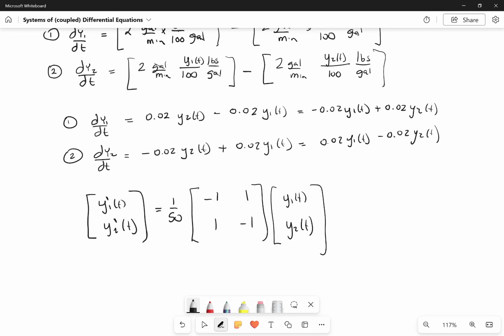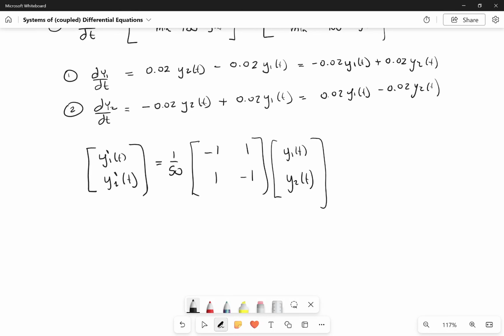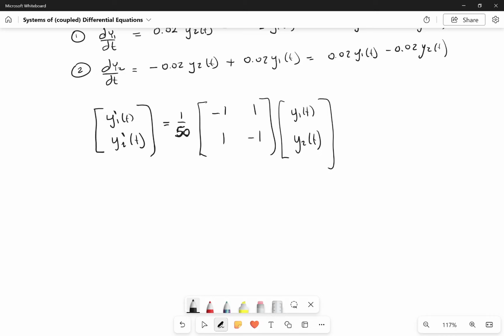So I have an equation that looks like this. This is 50, by the way. If you step back and look at this, what we have is y prime is equal to, there's a constant here, but I'm going to lump this into 1 here.